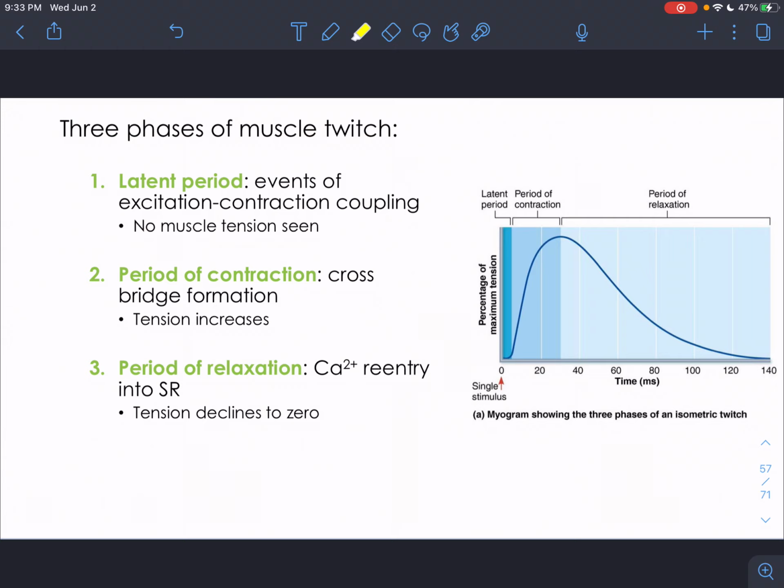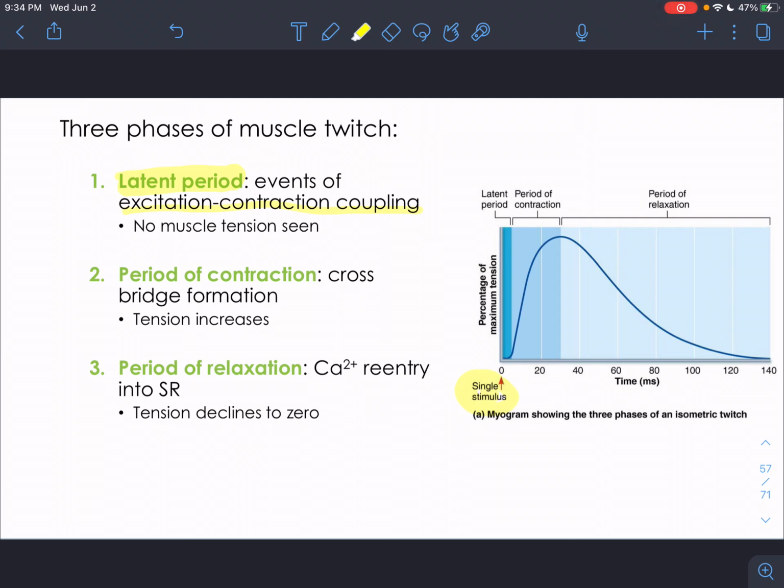There are 3 phases. We have the latent period, and these are the events of the excitation-contraction coupling, from the action potential, the stimulus being sent, till before any contraction actually happens. Remember, there was a lot that had to happen. The action potential came down, calcium came into the axon terminal, acetylcholine was released. Acetylcholine binds to the ligand-gated receptors on the muscle.